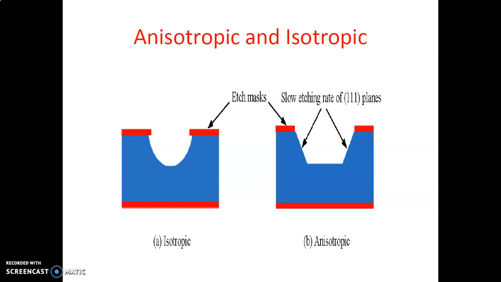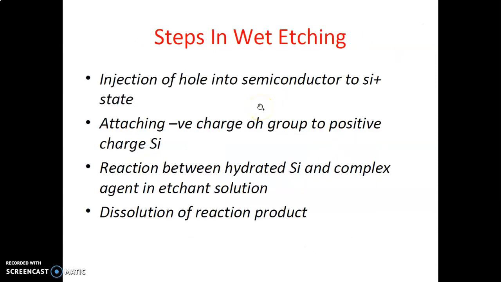You can see that in both categories we get different results. In anisotropic we get good curvature and shape, but in isotropic we do not get the exact shape, because the etching rate is very slow, so it takes more time.